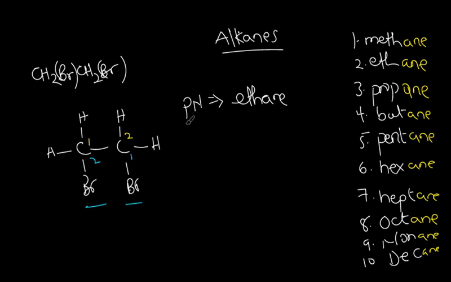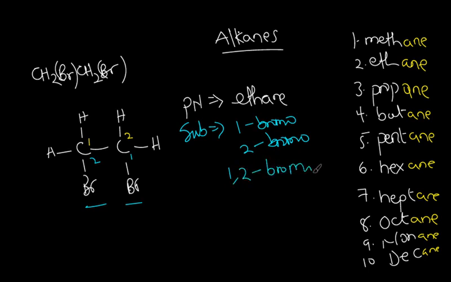So our substituent, we have what? 1 bromo, and then we have 2 bromo. But then we don't write them like this, because they are 2 substituents and they are the same substituent. They are all bromine. So we write 1,2 bromo. Now take note of something.